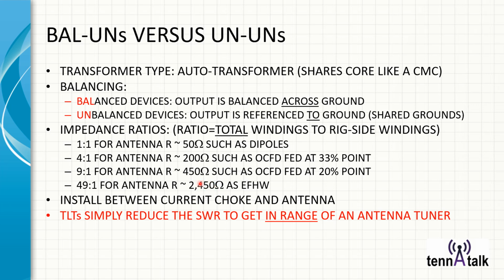Typically 49:1 is 2450 ohms. You install that between the current choke and the antenna, and the TLTs simply reduce the SWR to get you in range of an auto tuner, typically. Either the rig auto tuner or, even better yet, an auto tuner at the feed point.